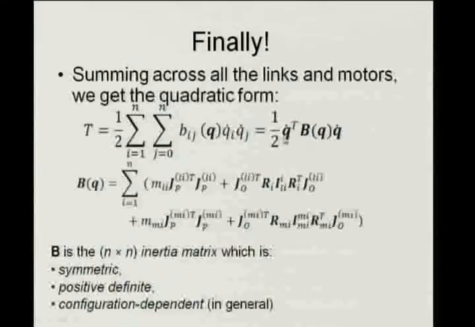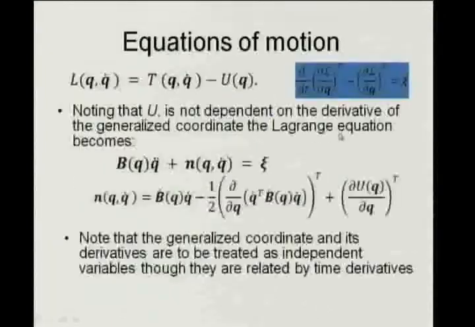So let us look at this. If I take the derivative of this term with respect to q dot, the derivative of q dot with respect to q dot is 1, so you will be left with Bq q dot. Once we are left with Bq q dot and you take d by dt, q dot is treated as independent, so you get this B dot term, and then you have these two terms which are the d by dq terms.